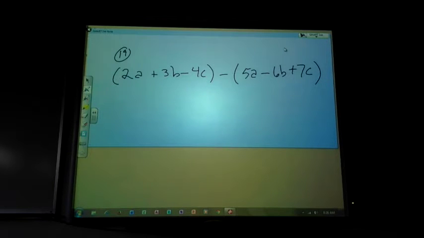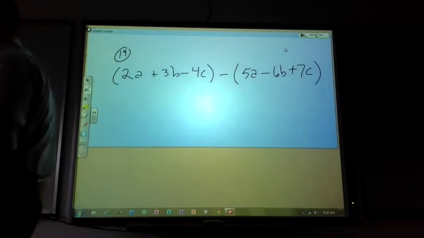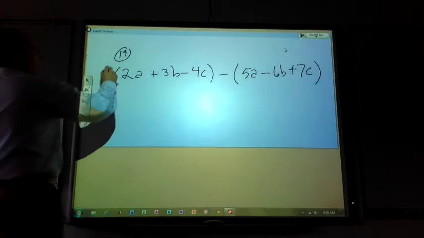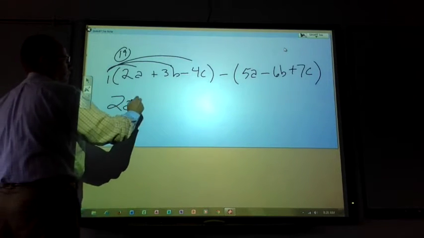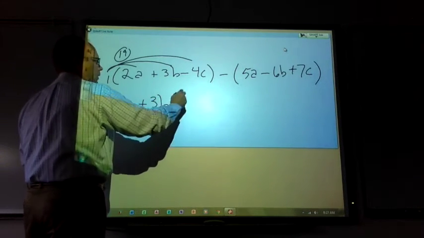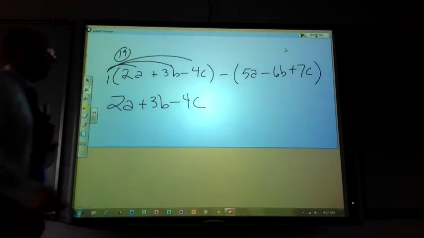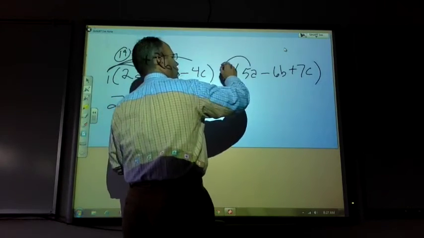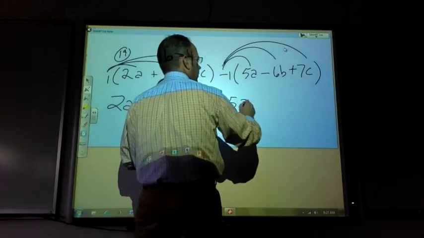Got it? I have my first set of parentheses. What do I distribute over the first set of parentheses? A positive 1. Positive 1 distributes over. None of the signs change. What do I distribute over the second set of parentheses? A negative 1. So all of the signs are going to change. If it was positive, it becomes negative. Negative becomes positive.